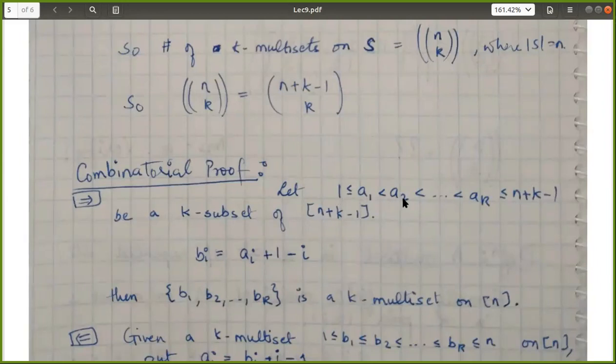A2 has to be at least 1 bigger than A1, so A2 has to be at least 2, correct? Yes. So AK is at least K. And that is the smallest possible number available for AK, right?